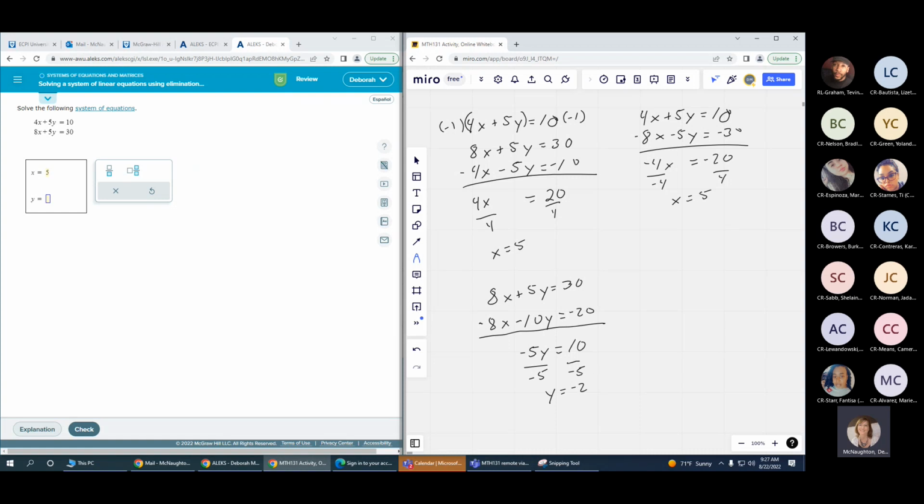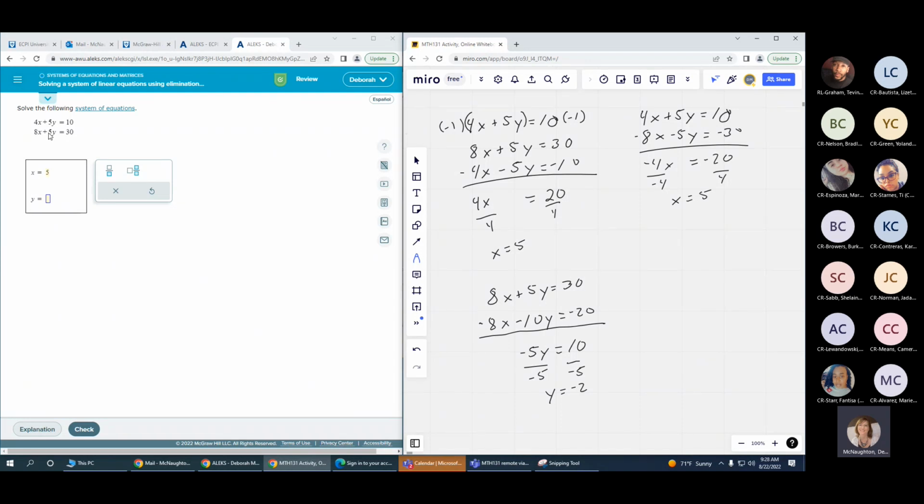So I could have started like this. It doesn't matter which way you start. The goal is to get either the x's to, I always say disappear, but to cancel each other out, or the y's. Whenever you have something like 5y and 5y, if one were positive and one negative, you could just add the equations together.